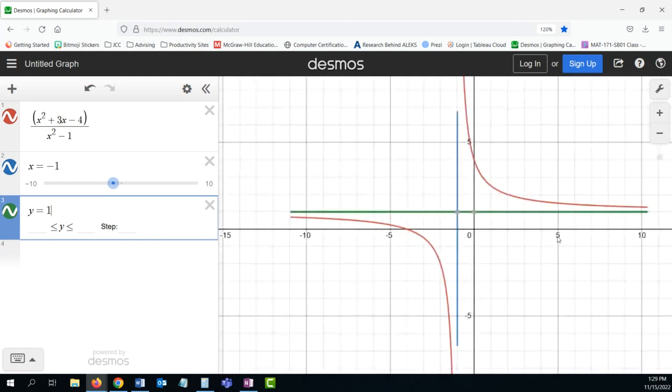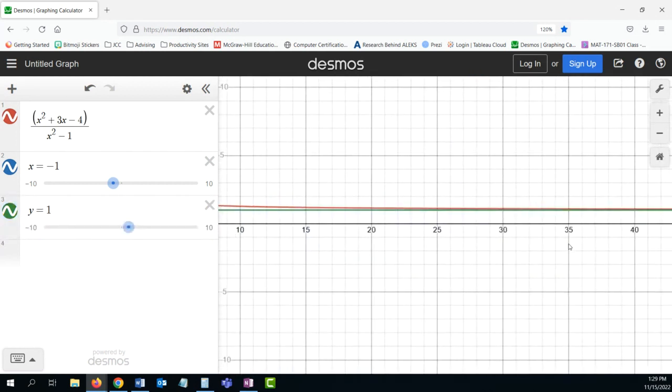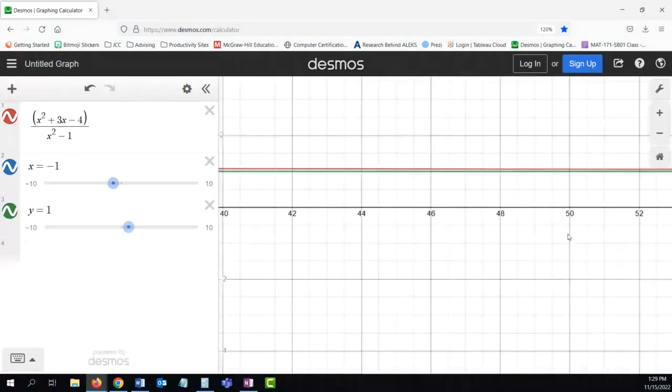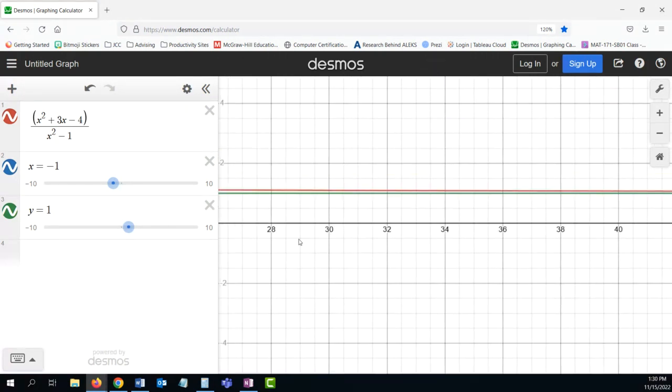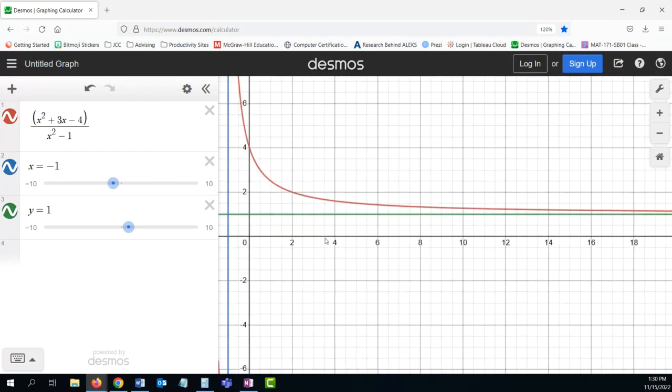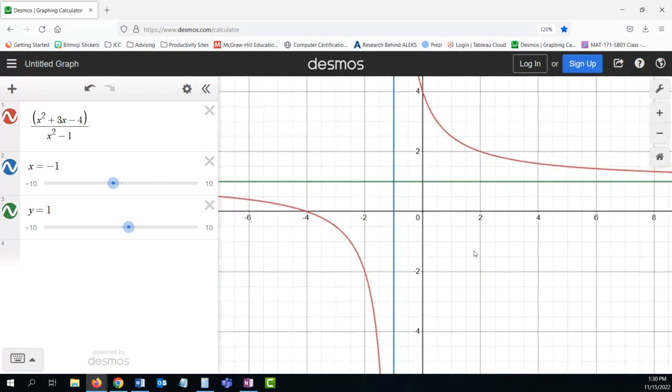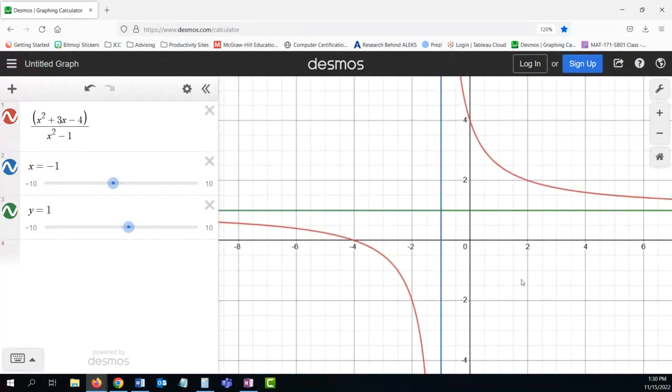What happens as x goes off into the millions? It keeps getting closer and closer to that horizontal asymptote. Crossing it is okay, though; it's going to happen sometimes. Vertical asymptotes, on the other hand, are never crossed, because if they were, your function would cause division by 0, which is not allowed.